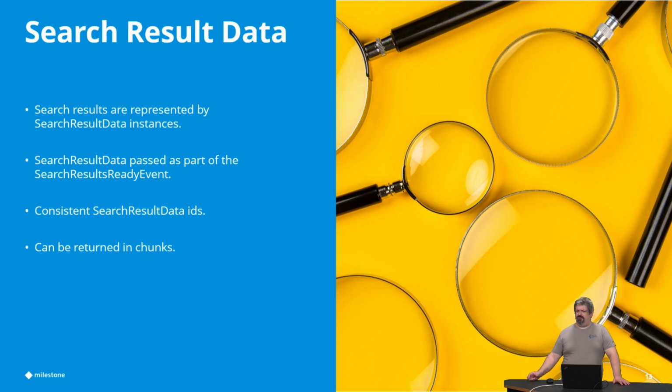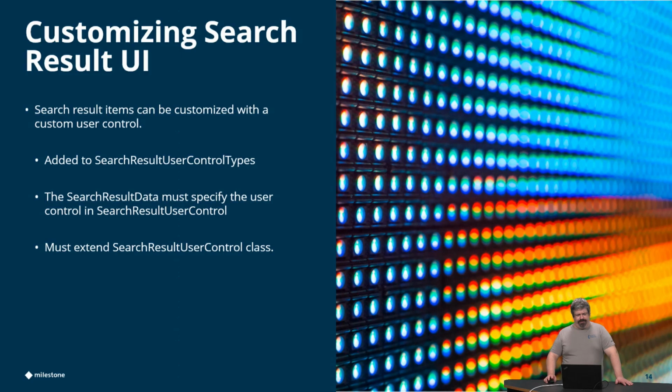That is, any search result data produced by the algorithm based on the same underlying recording should produce the same search result data ID as a GUID. And as I said before, you can return search result data in chunks if you raise the search results ready event multiple times as you move along.